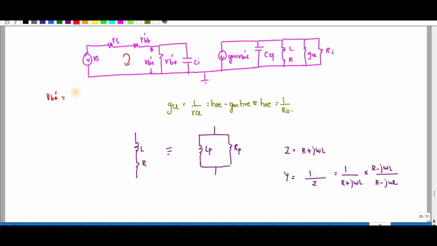VB is equal to Vs into RBE plus RBE. Sorry, it is not Vs, from here, this is your Vi. So I can write Vi into RBE plus RBB.